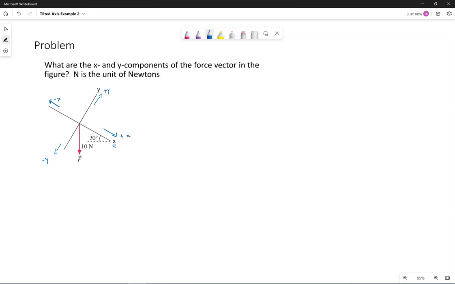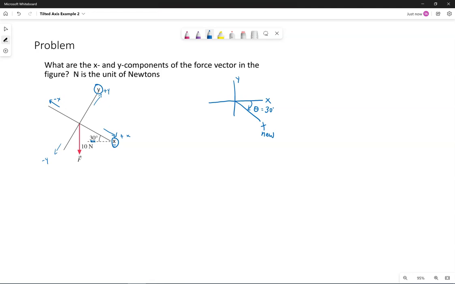So if we think about an original traditional Cartesian coordinate system, to get to this new coordinate system where x points down this way, we are rotating our coordinate system by whatever the slope angle is.